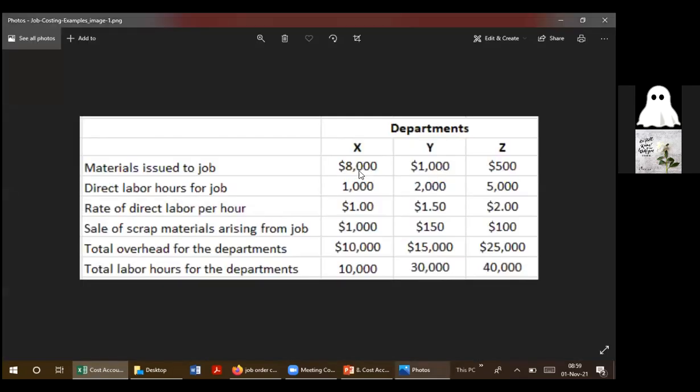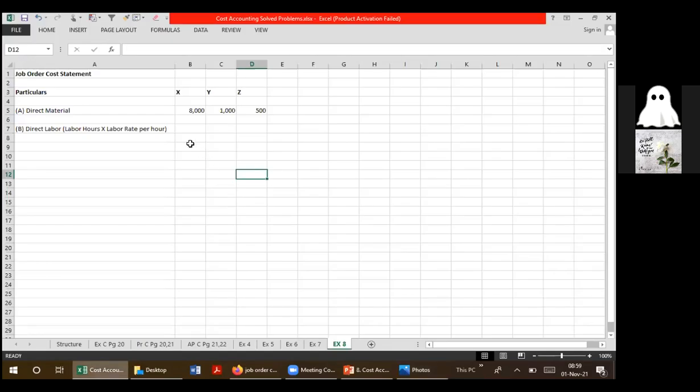So for department X, labor hours are 1000 and the rate of direct labor per hour is $1. So you spent $1000, right?